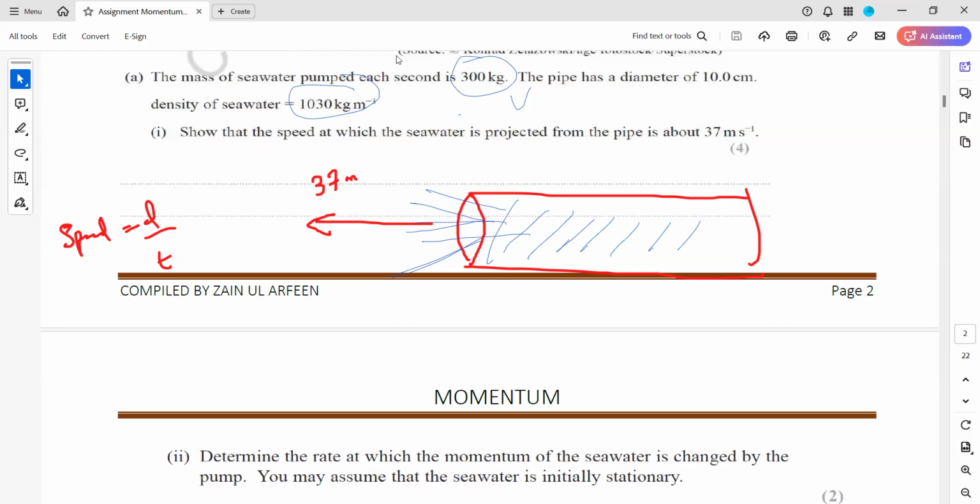We have the cross-sectional area because we have a diameter. From a diameter we have the cross-sectional area. So we can simply work out, if we have a certain volume of the liquid, how much length it will cover every second, or what distance this water will cover.